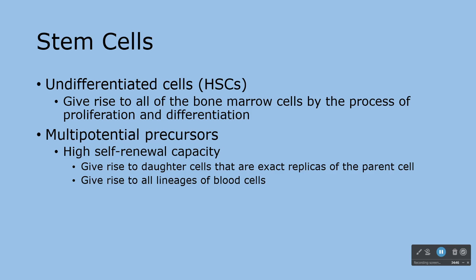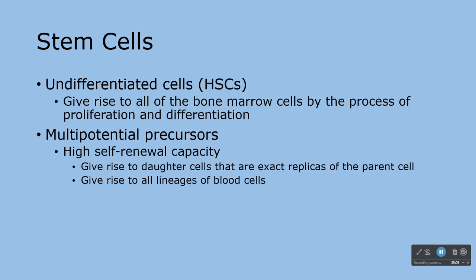Okay? Now, these undifferentiated HSCs give rise to multi-potential precursors or multi-potential progenitors. However you want to use the P, I don't really care. Okay? These have high self-renewal capacity, which means they go through mitosis a lot. And they can make a bunch of these MPPs. All right?